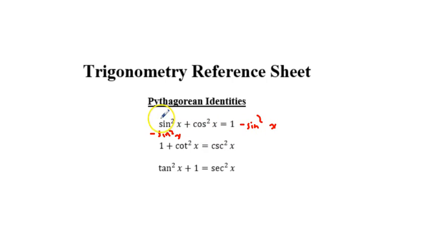Now this is more useful to me because now I see that 1 minus sine squared of x is equal to cosine squared of x. So don't forget that you can use your algebra solving operations to manipulate these around to your advantage. So I'm going to replace the 1 minus sine squared with cosine squared in our example.